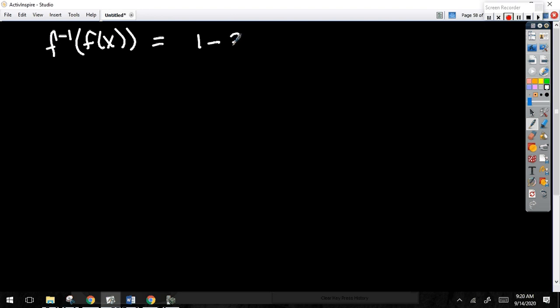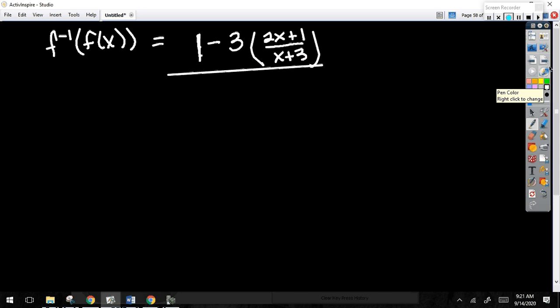Negative 3 plus 1. Okay. Sorry. I'm following my notes where I wrote it out. All right, and then 2x plus 1 over x plus 3 minus 2. Not quite as bad as the last one. Still not great.